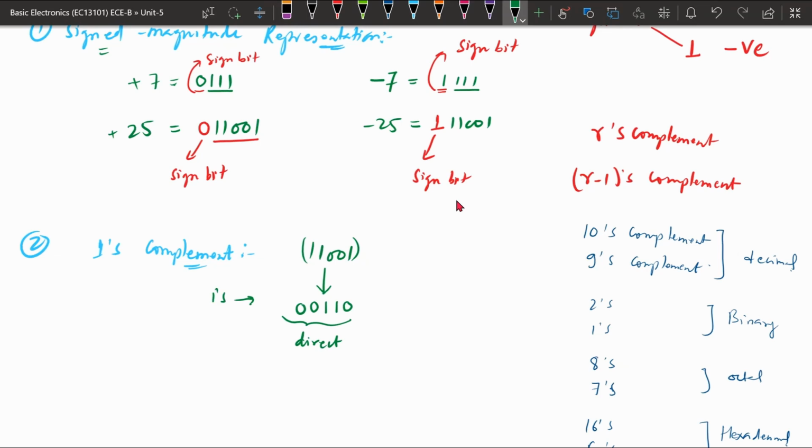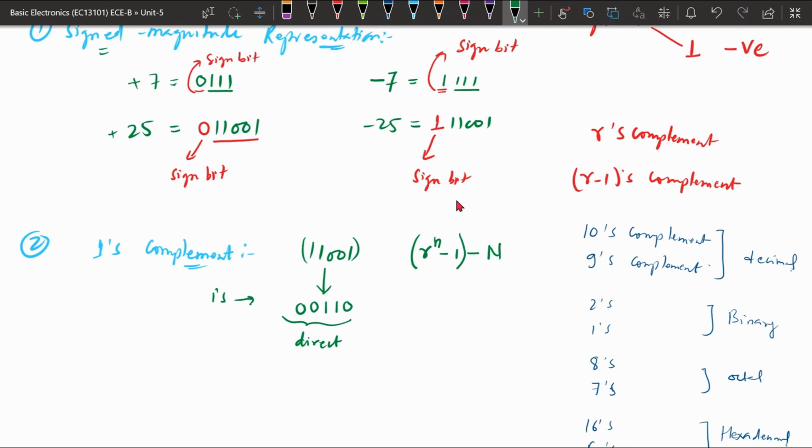Another, generalized method to get the 1's complement is this: r to the power n minus 1, minus the number whose complement we want.